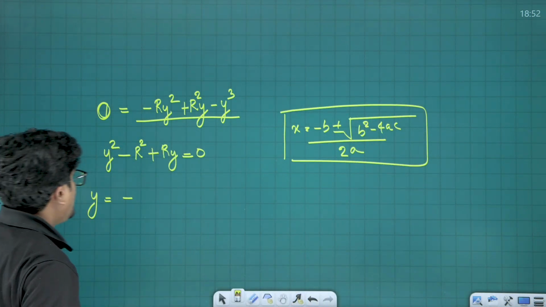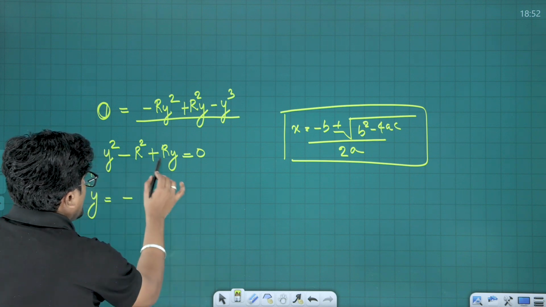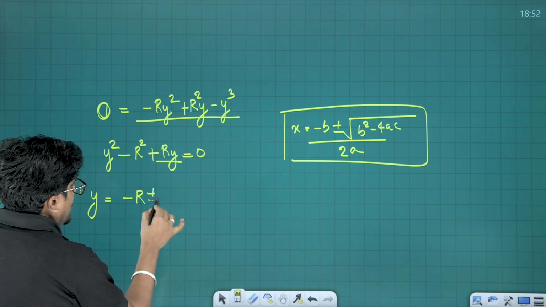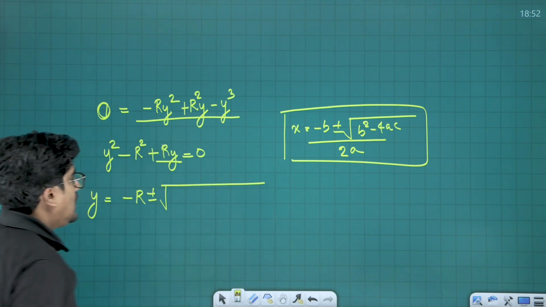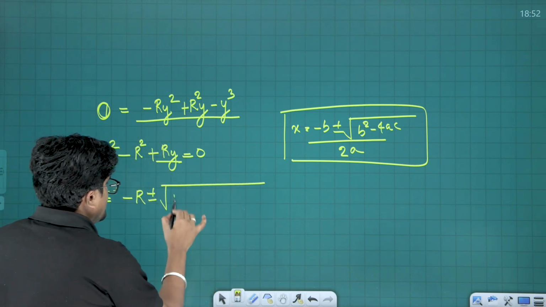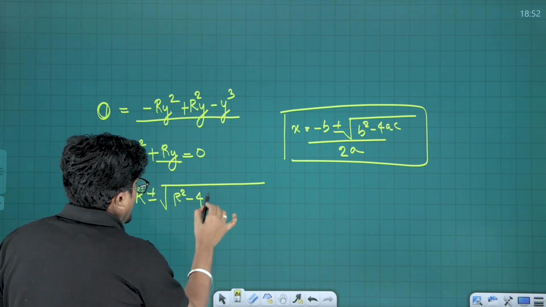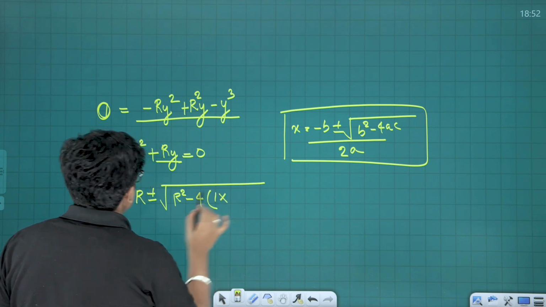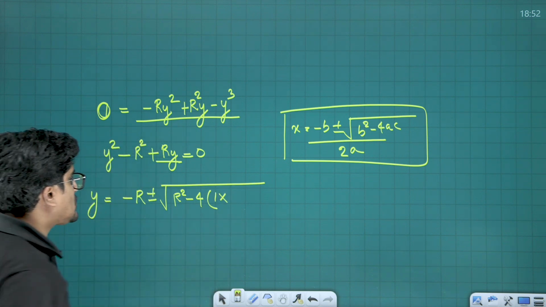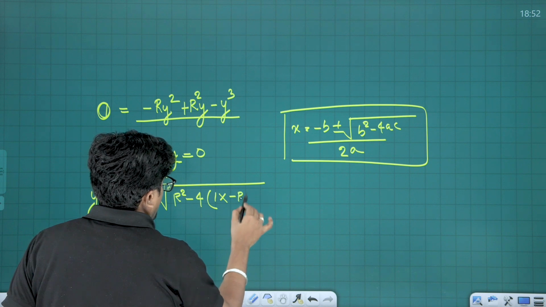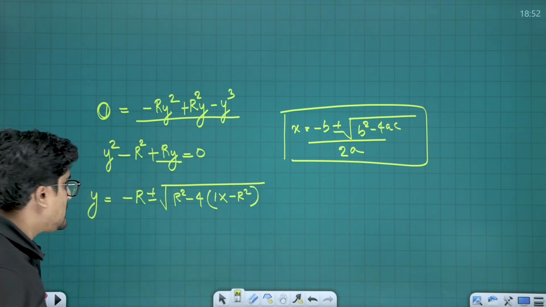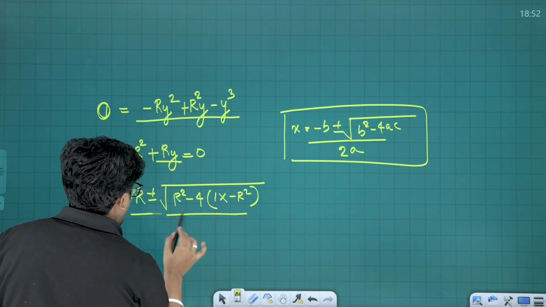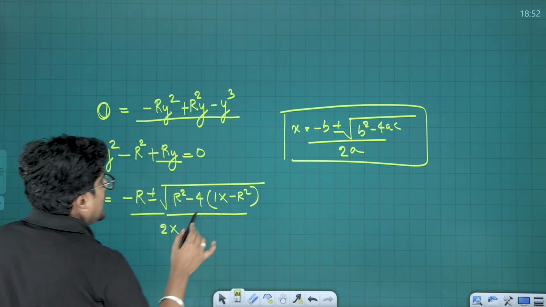Now y is going to be minus, this is the b term, okay, so minus r plus or minus under root of b square, that is r square, minus 4 times a, which is 1, isn't it? c is what? r square, minus r square it is. Alright, all divided by 2 into a, which is 1.